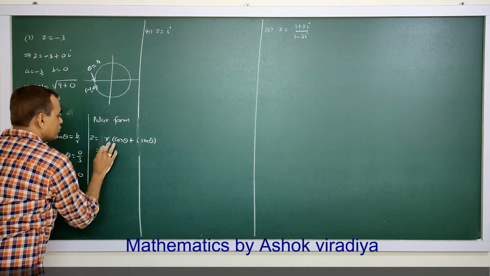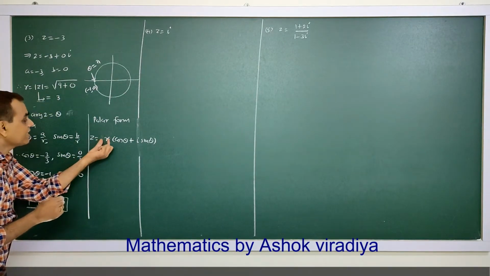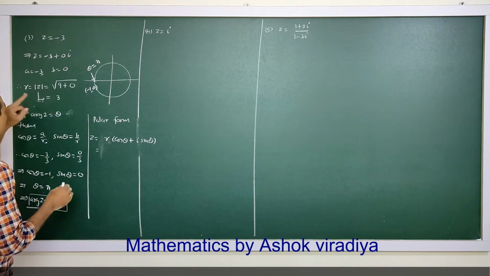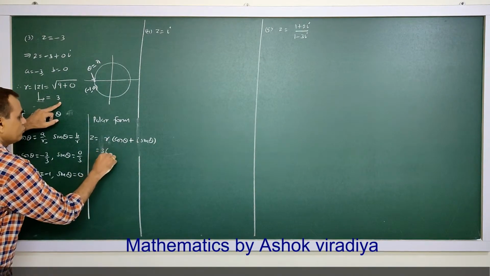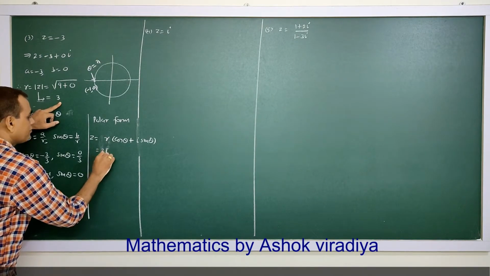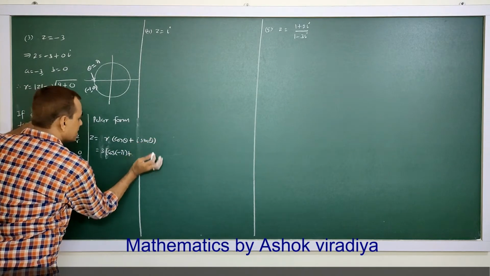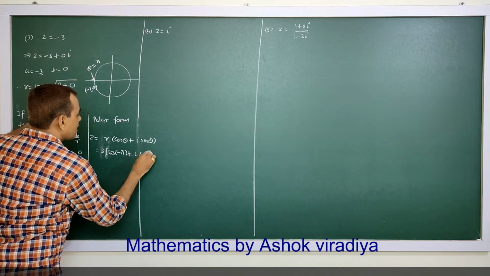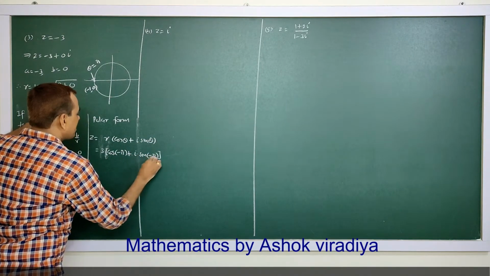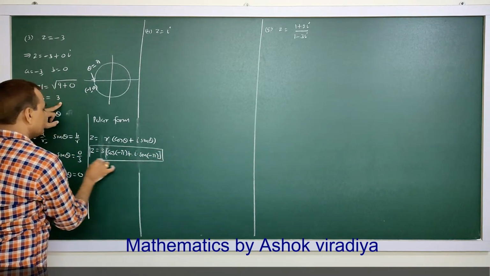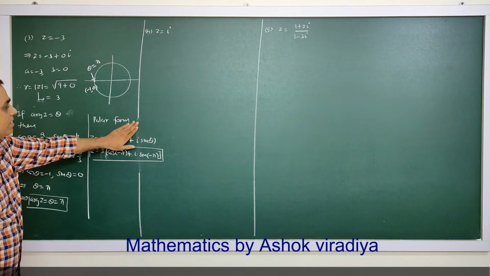If you want to use modulus, keep modulus z; either we keep modulus z or r. So r is equal to 3 into cos of minus pi plus i into sine of minus pi. So this is the polar form of the given complex number.